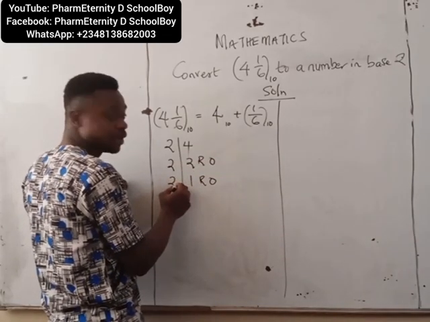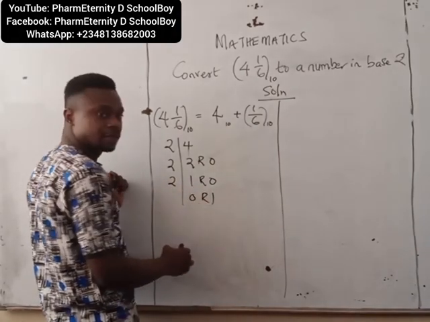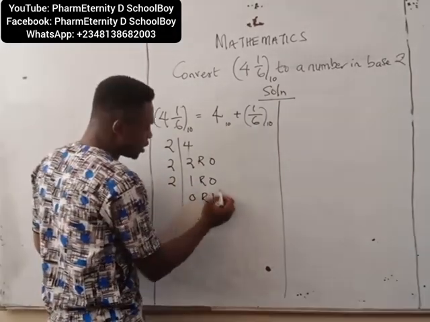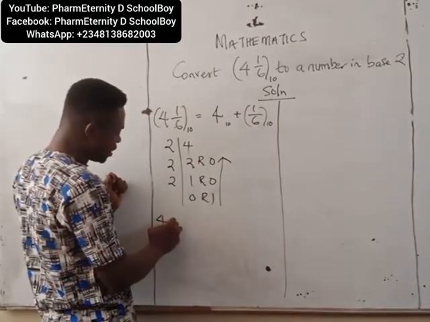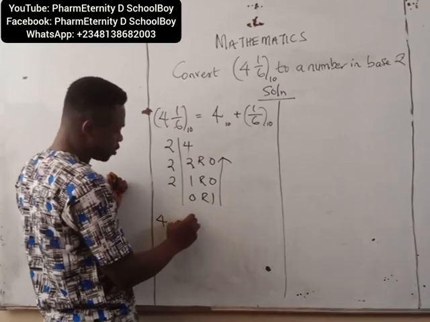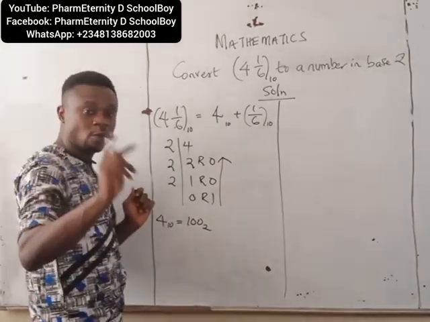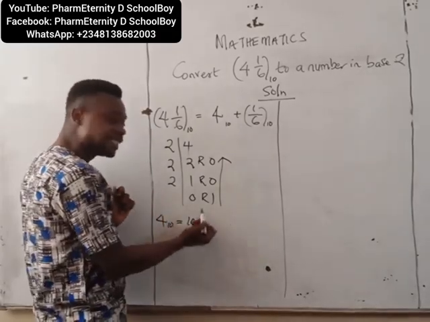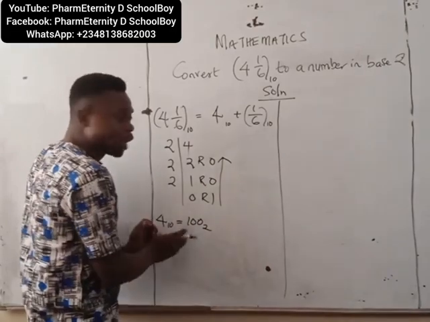Then 2 divide 1, we have 0 remainder 1. Remember, we trace upwards. So 4 in base 10 is the same as 100 in base 2. Now, we'll keep it aside.